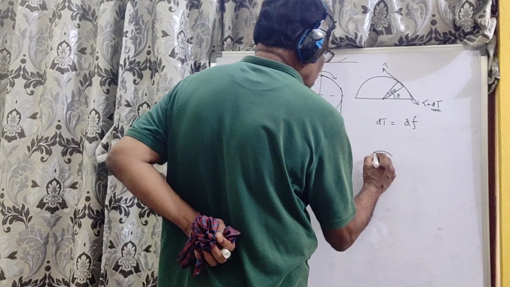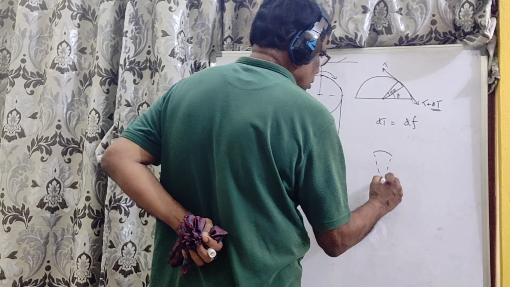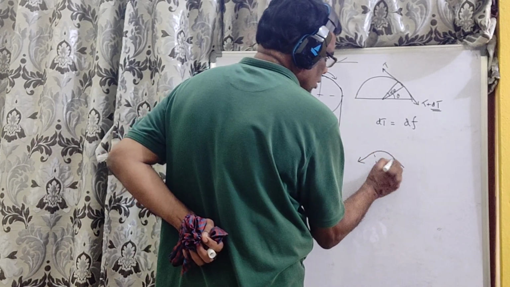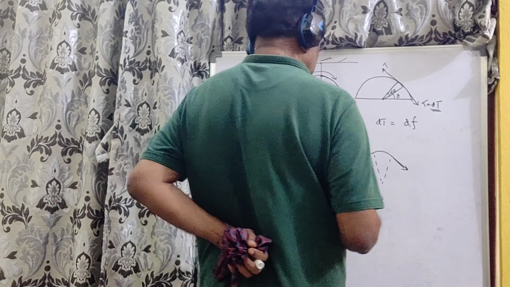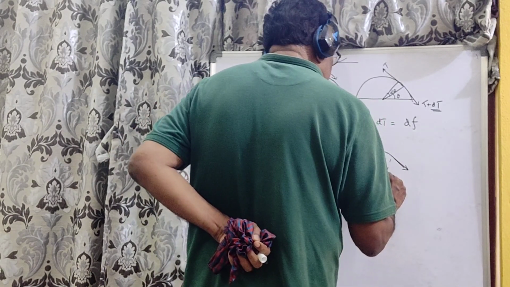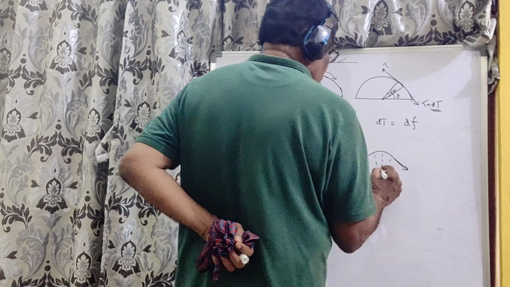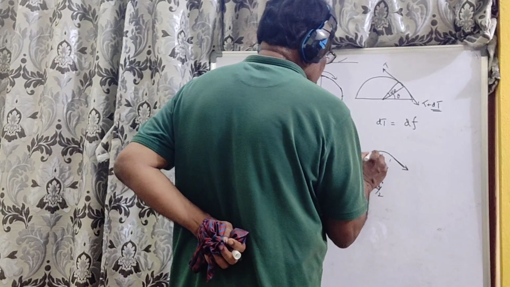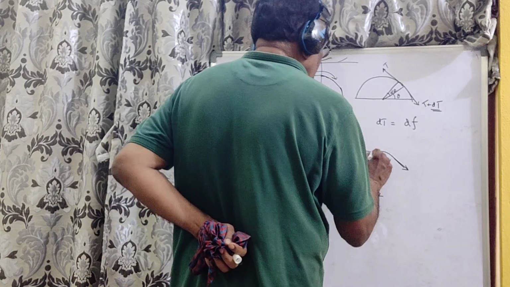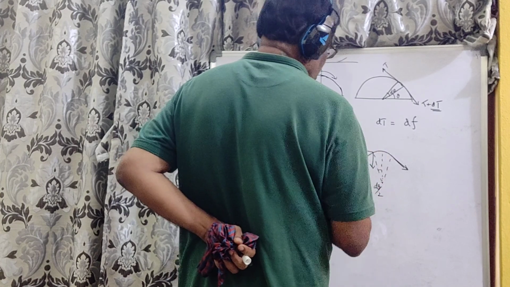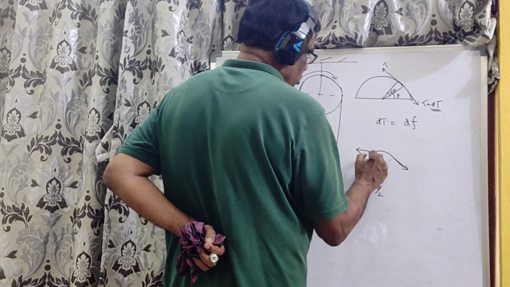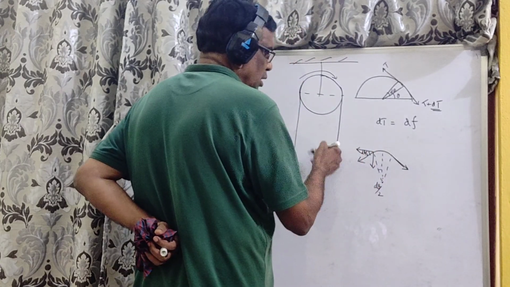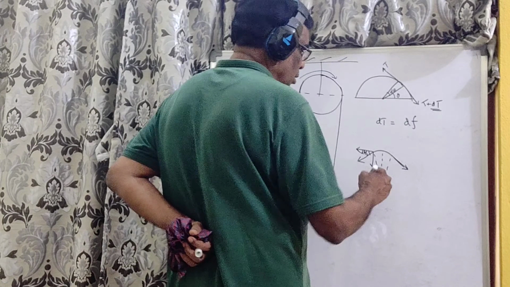This is how I am plotting here. Okay. This angle is d theta by 2. So, if this is d theta by 2, this is d theta by 2. So, you get T cos d theta by 2, T sin d theta by 2.